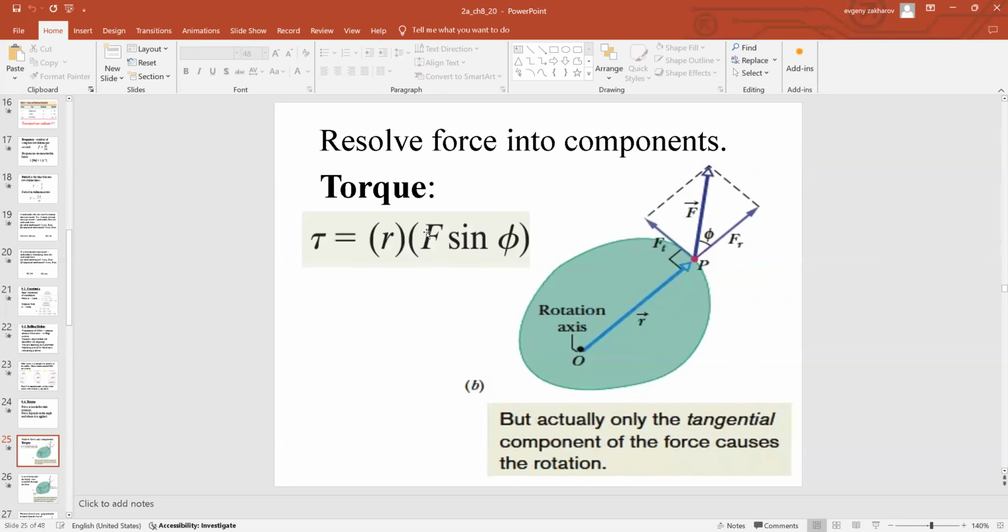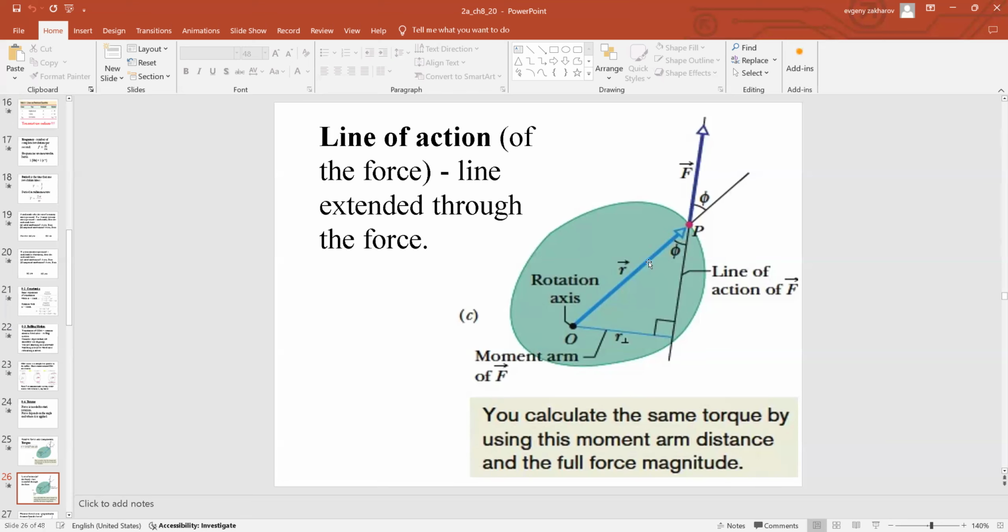And technically, you're still talking about force multiplied by the sine of an angle and the same position vector. But with this approach, if you can calculate the moment arm without doing the sine of the angle, which you normally can, sometimes it's just given to you specifically, sometimes you can figure it out from the geometry of the object itself. If you can do that, you just multiply this moment arm by the force itself, and boom, you got the torque.